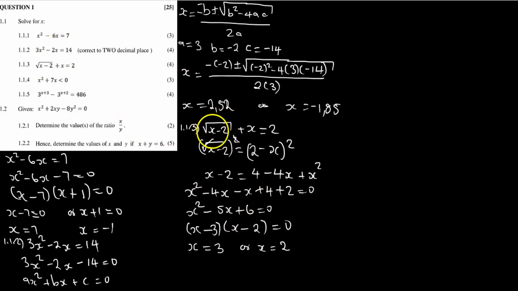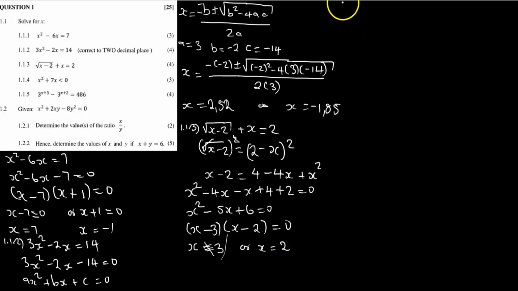When you substitute 3 here, 3 minus 1 gives us 1, or 3 minus 2 gives us 1, and then if you've got a 3 here, square root of 1 gives you 1, and 1 plus 3 does not give us 2, so the 3 is not equal to x because it doesn't make the equation true. And then 2 minus 2 is 0, root of 0 is 0, and then plus 2 gives us 2, so the 2 is the only applicable answer there.